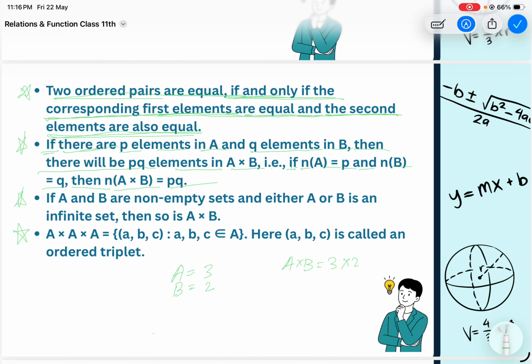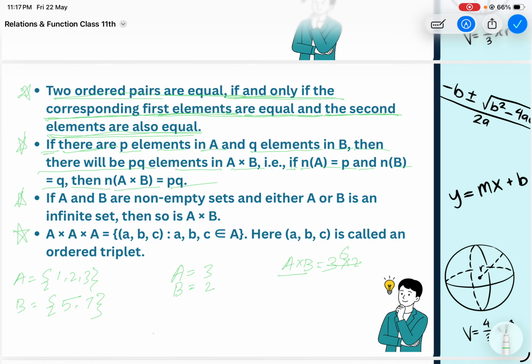Let's prove it. Suppose we have A equal to {1, 2, 3}, right? We have 3 elements, and B equal to {5, 7}, right?